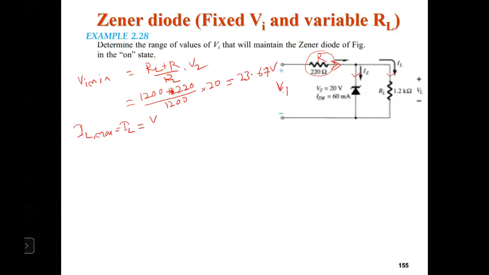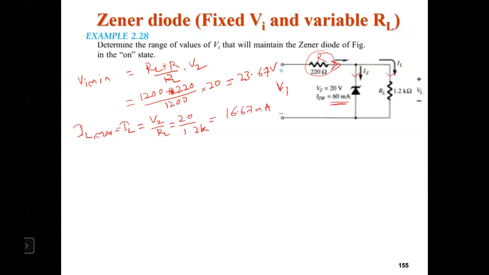Sir, VZ by RL. VZ by RL, so it is 20 by 1.2K, equal to 16.67 milliampere. Then IZ max is given already.